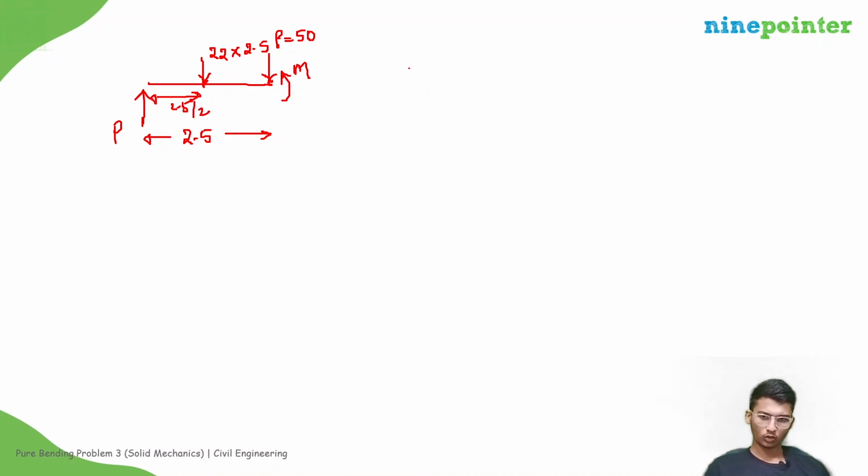Okay. So M will be equal to, let us take moment equilibrium about this point, and that will be equal to 105.04 into 2.5 minus 22 into 2.5 into 2.5 divided by 2. Okay.